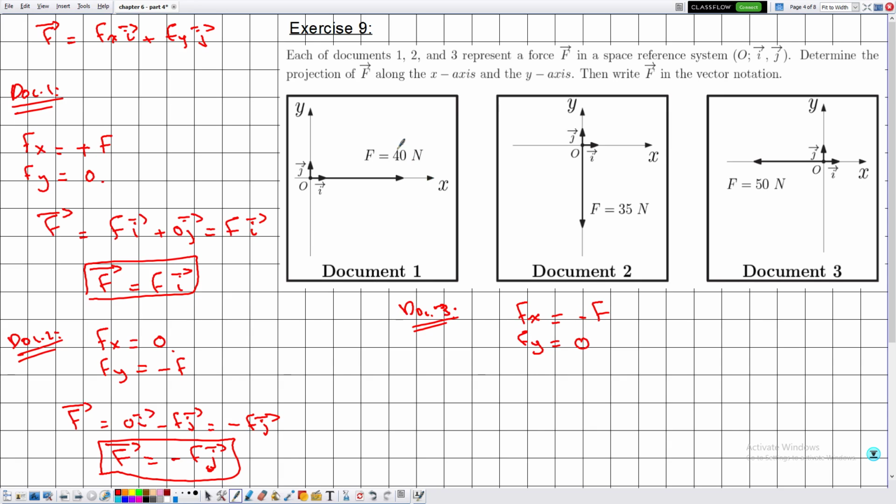And here the values are given, so we can directly say that this is equal to 40 newtons, so 40i, so F is equal to 40i.